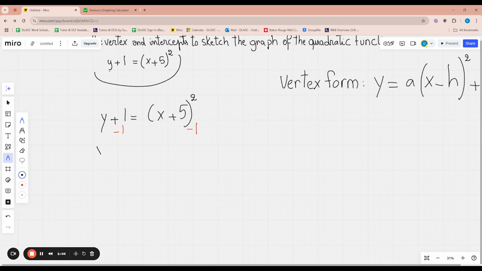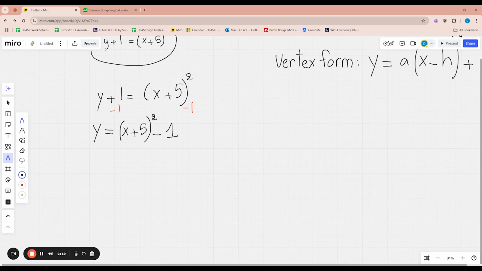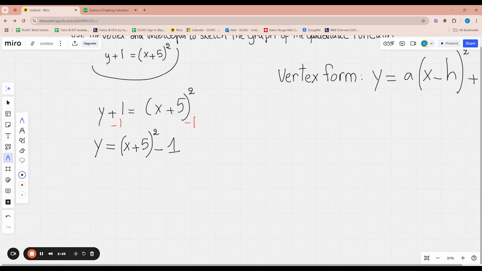Which gives us y = (x + 5)^2 - 1. And now we have the equation in vertex form, which generally looks like this, as I explained.